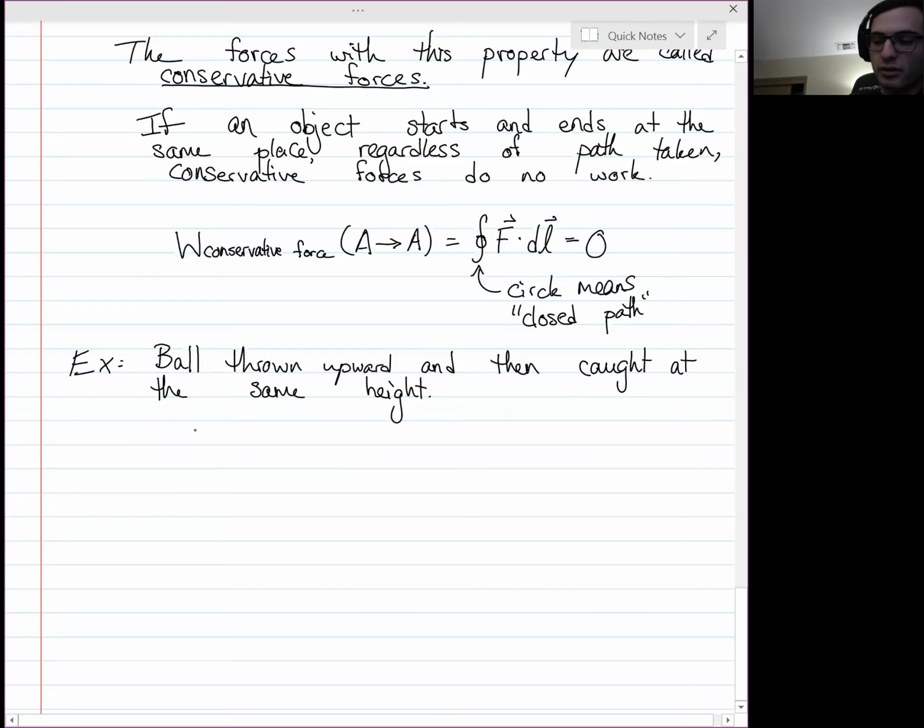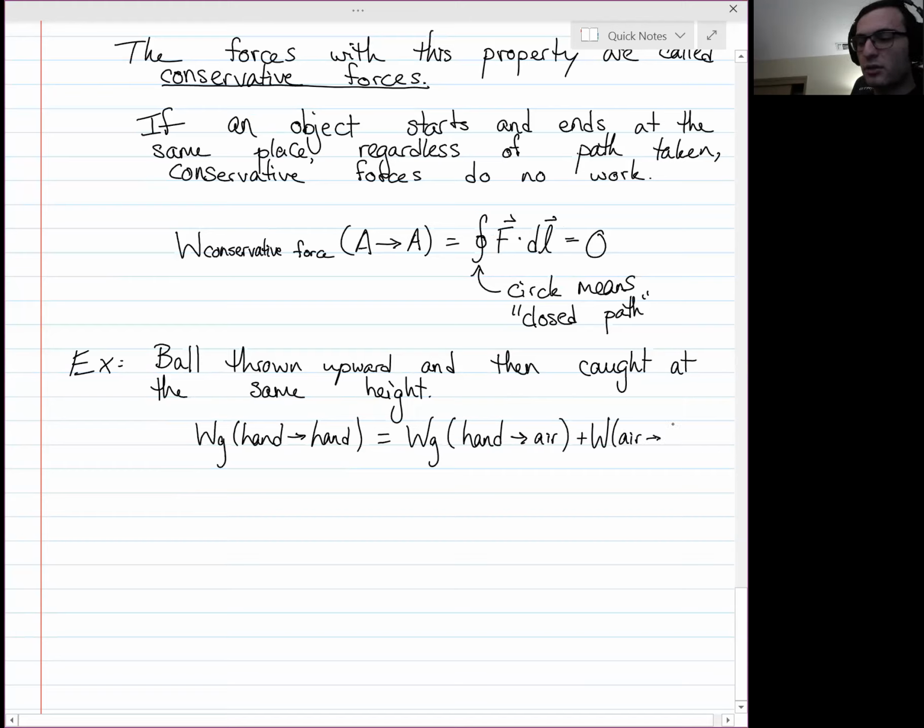The work done by gravity from the hand to the hand is, since work is additive, the same as the work done by gravity from the hand to the air, maybe to its peak height, plus the work done from the air to the hand. So gravity does work on its way up and it does work on the way down.